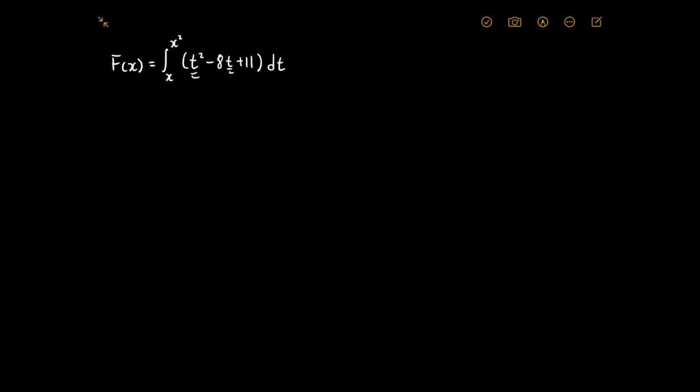Here we have this function. It looks pretty similar to the previous one, but there's some difference: the boundary is variable here, from x to x squared. So what we have to do here is separate this function into two parts. Let's do this.